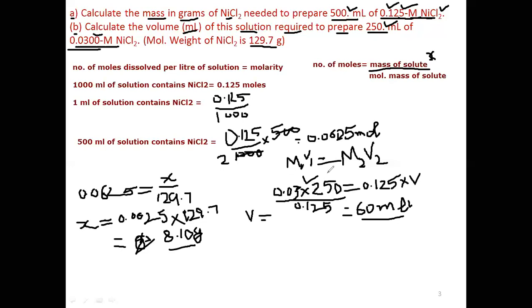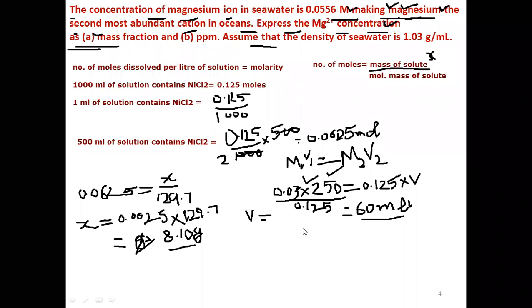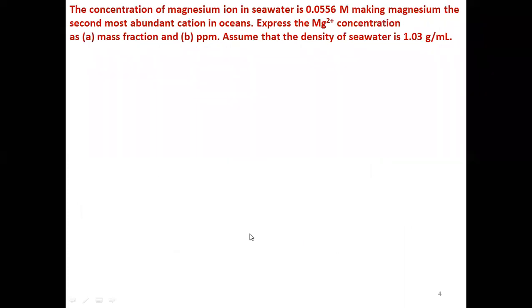So these were the theoretical calculations. Now let us move to our next numerical. He says that the concentration of magnesium ion in seawater is 0.0556 molar. So molarity is given, making magnesium the second most abundant cation in oceans.